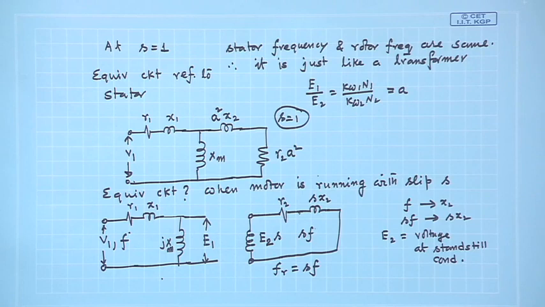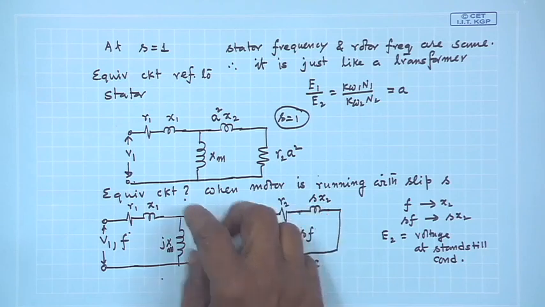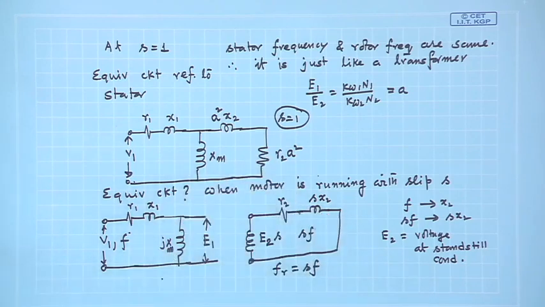So, at least I know this much: it will be a mistake if I just multiply this with a square and connect it here. This will not do, because the frequency at least must be the same and the ratio of the voltages must be properly defined. Now, how to overcome this situation?